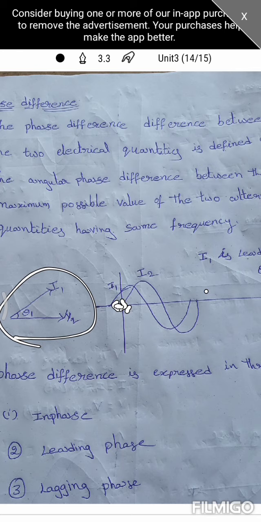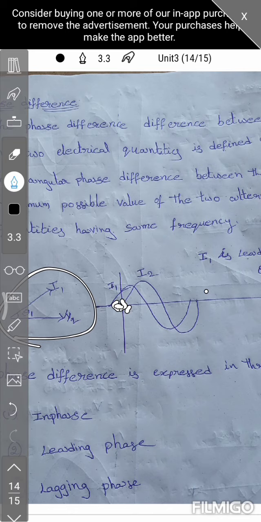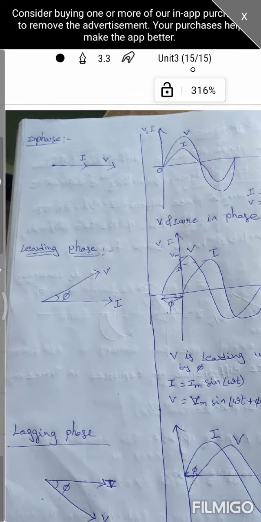The third one is lagging. Lagging means if one waveform starts at origin and another one does not, it is delayed by some time. So let us see the diagrams of how in phase, lag, and lead are drawn.